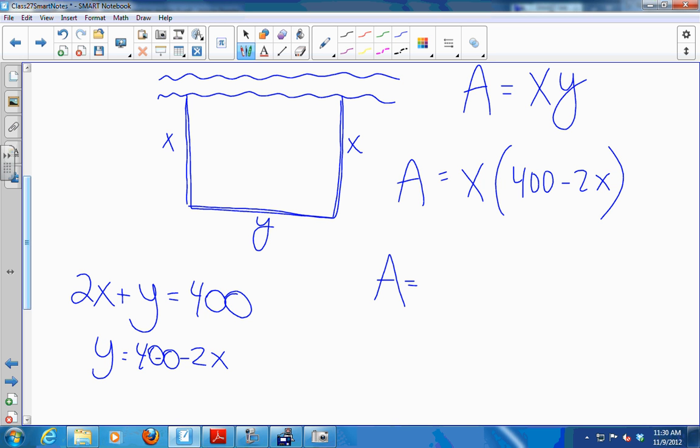And I want to find out what should I make x to make that area the biggest possible. So let's distribute the x, and I get negative 2x squared plus 400x plus 0, just so that we can put it in that general form that we're used to, ax squared plus bx plus c.